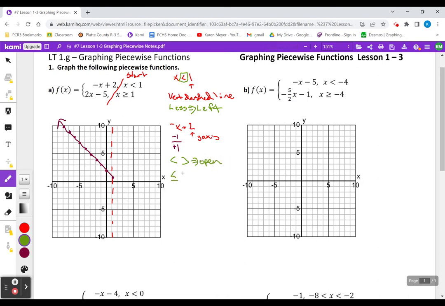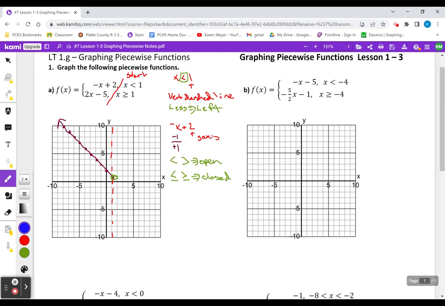If it has the or equal to bar underneath of it, then that would be a closed circle. And ours doesn't have the bar, so I'm going to make an open circle above that dot there. Or you can erase it and put an open circle there. And that's row 1.